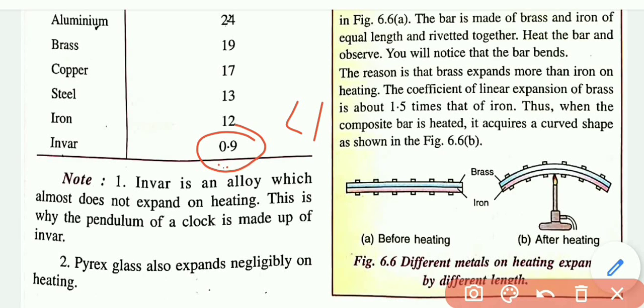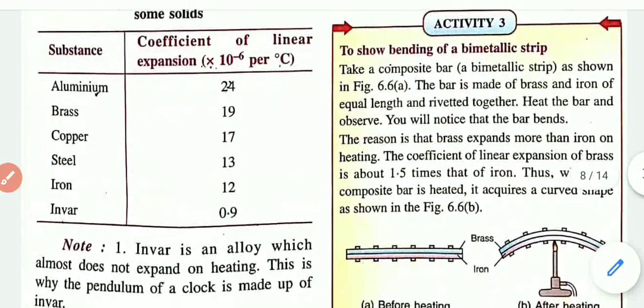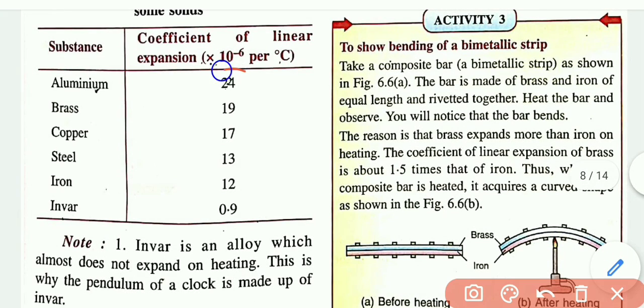If the coefficient of linear expansion is minimum, then it does not expand, or expands only a little bit. The value for aluminium is more, so aluminium will expand more. The value for brass is 19, so it will expand less than aluminium.